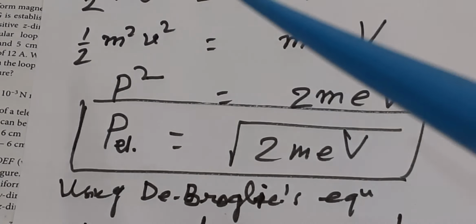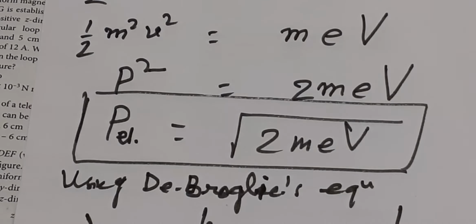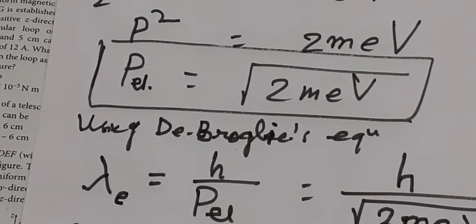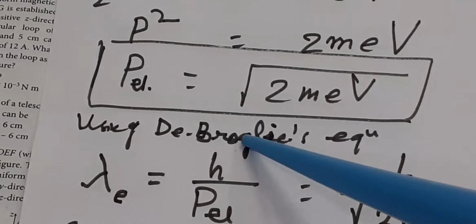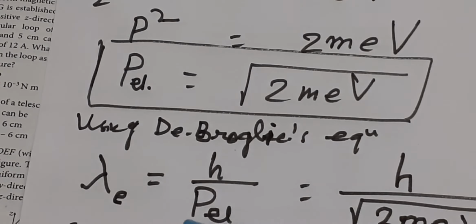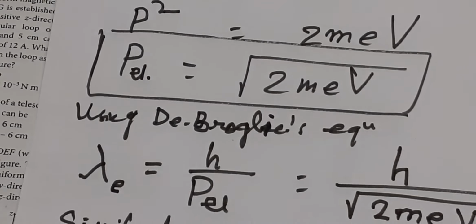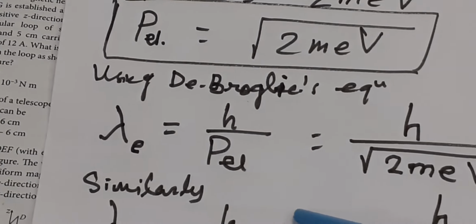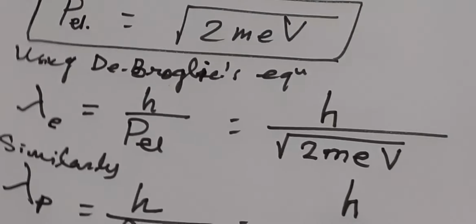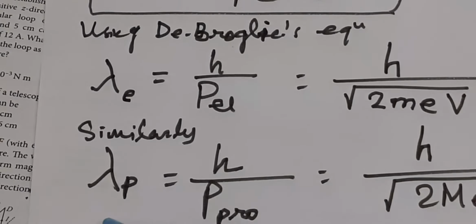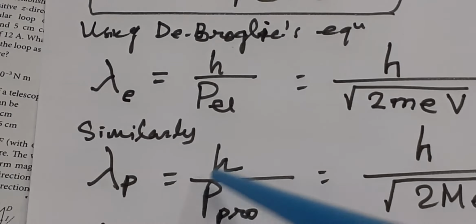Now from de Broglie's equation we know that the wavelength for the electron will be h by the momentum of the electron, that is h by root under twice small m, small e, capital V. Similarly, for the proton it will be h by the momentum of the proton.